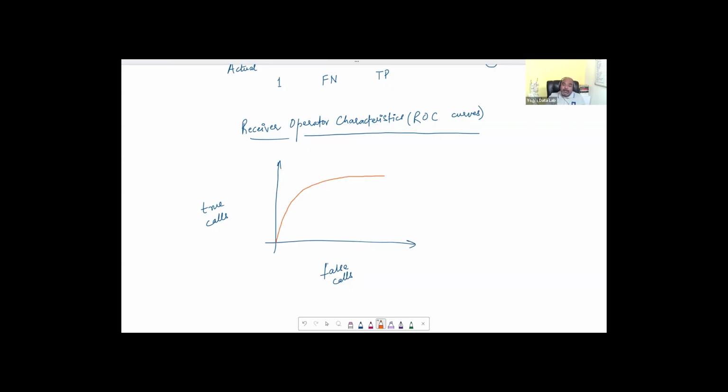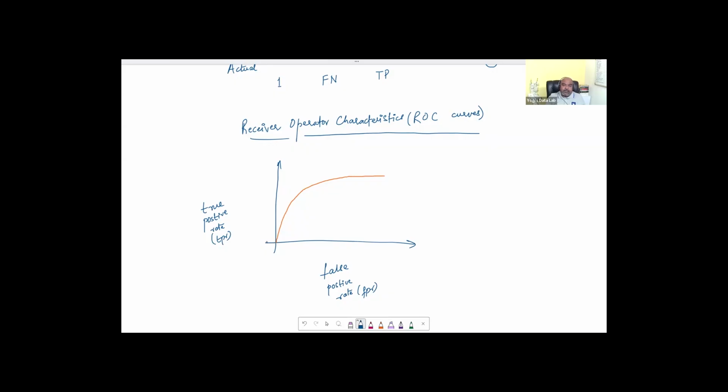So this changed when it came into data science, from true calls and false calls to true positive rate and false positive rate. So this is your TPR and this is your FPR.